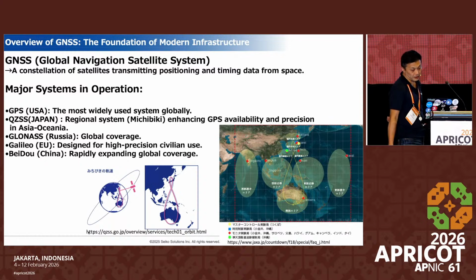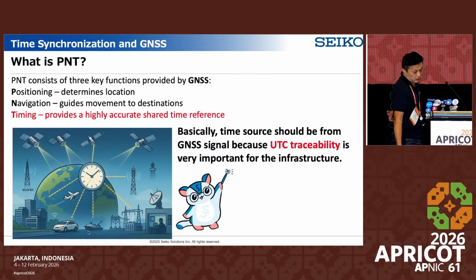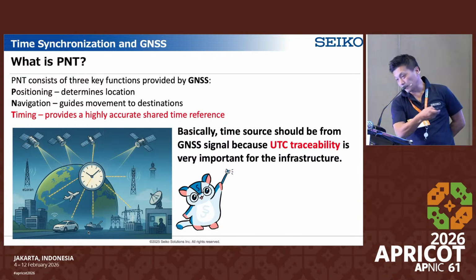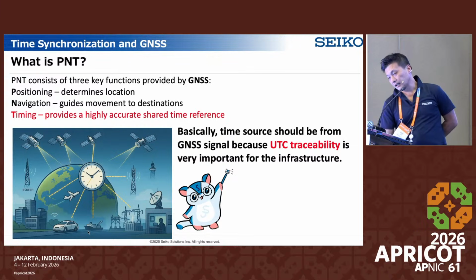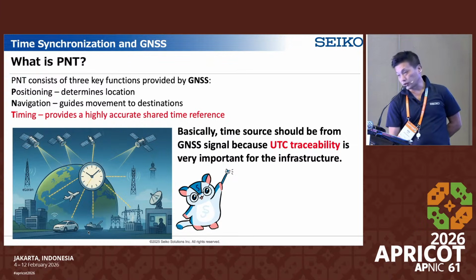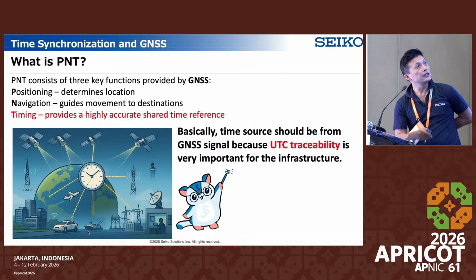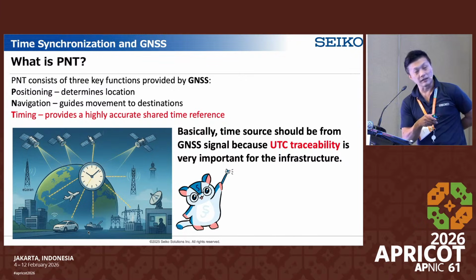GNSS is a fundamental time source for much infrastructure. GNSS provides three key functions: positioning, navigation, and timing. Among these, timing is extremely important because infrastructure systems require a common and accurate time reference, often with UTC traceability.